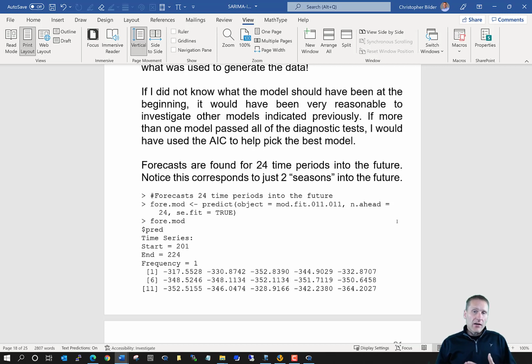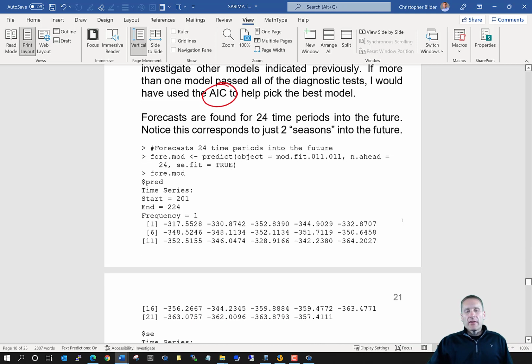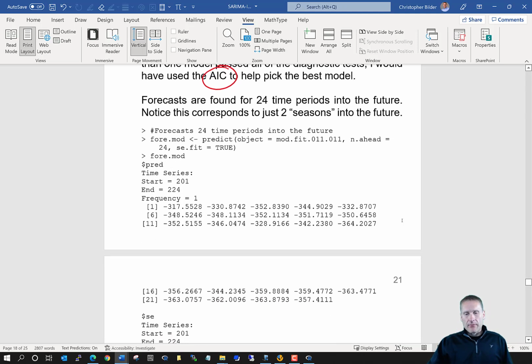But in the end, for all the models that you look at, you look at the diagnostics, make sure the corresponding assumptions of the model are satisfied. And amongst those models that do satisfy the assumptions, let the AIC help you choose one overall model to use. Okay, so now let's do some forecasting.